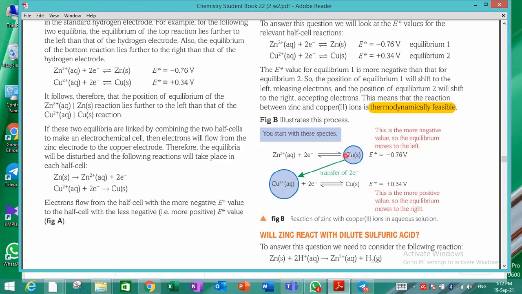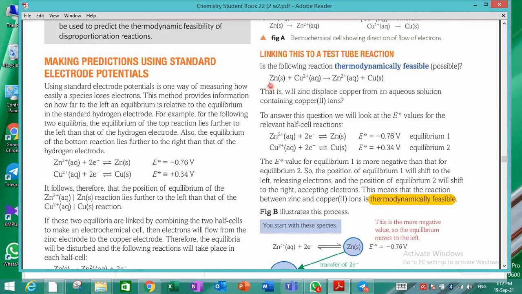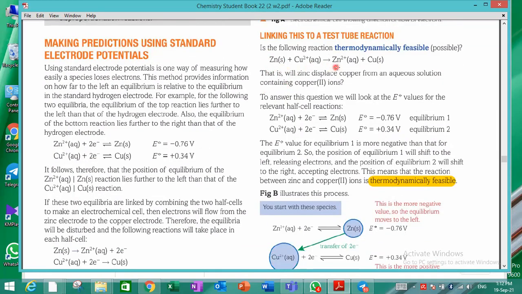So the reaction will be feasible. At the beginning, they asked us whether this reaction is feasible or not, that zinc reacts with copper ions to form copper plus zinc ions. Yes, this reaction is feasible. Why?